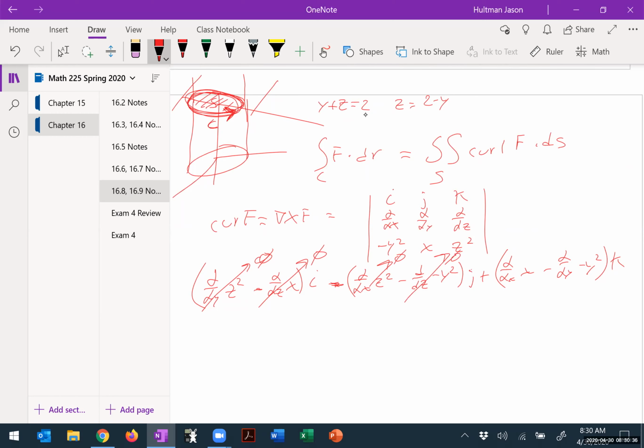The partial with respect to x of x is 1. And then, with a minus here, the partial with respect to y of negative y squared is negative 2y, so that's a negative of negative 2y. So the only thing that survives is the k term, and this is 1 plus 2y, k.